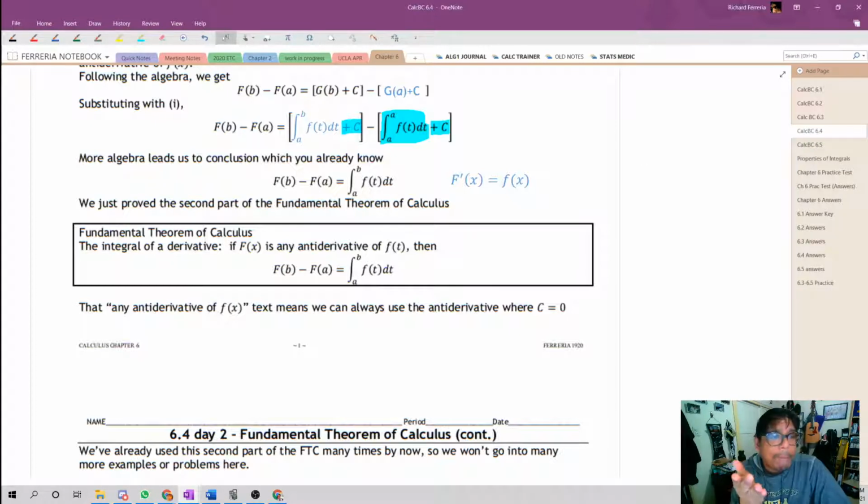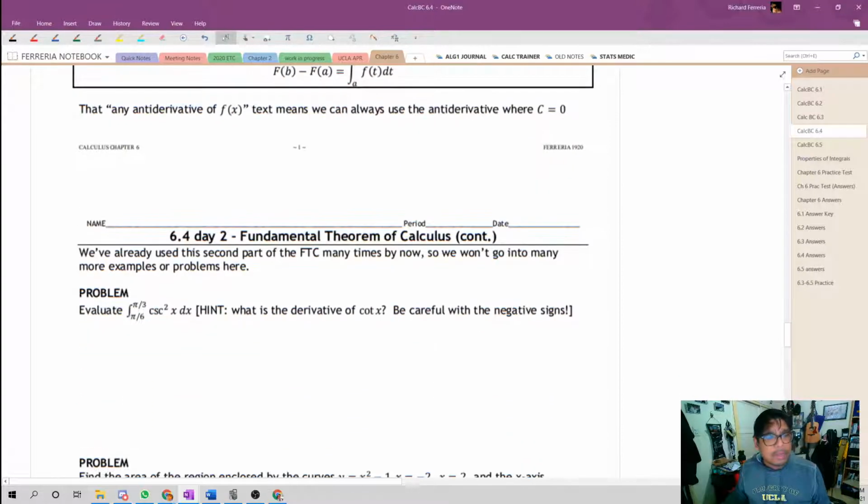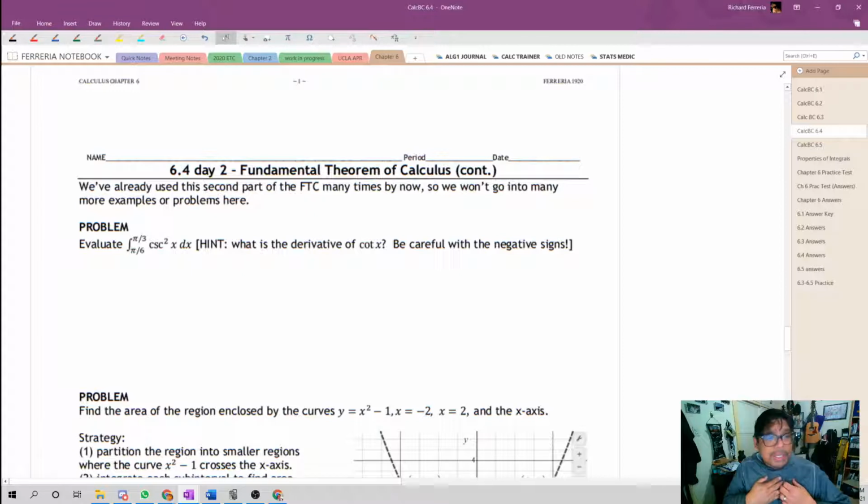Either way, at this point in your calculus, this isn't going to change much of what you do if you've been consistent in what we've been doing. So we've already used this second part of the fundamental theorem of calculus, so we're not going to go into a whole lot of problems here. We're just going to do this one.